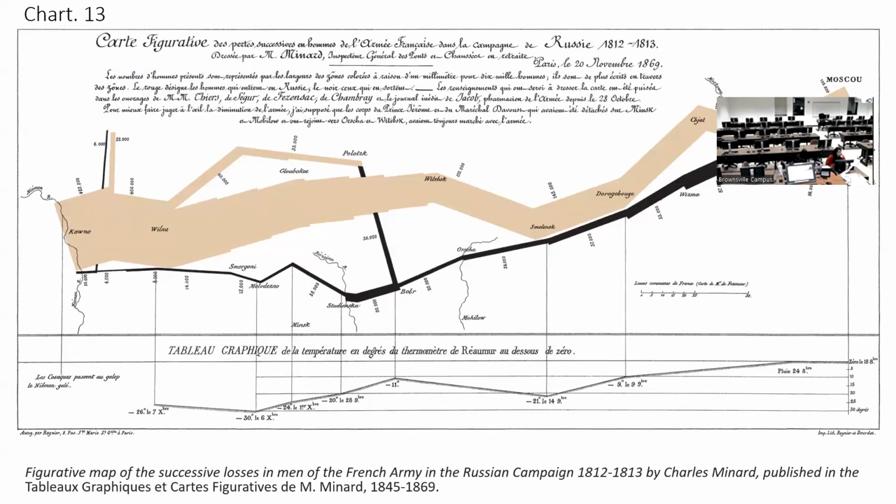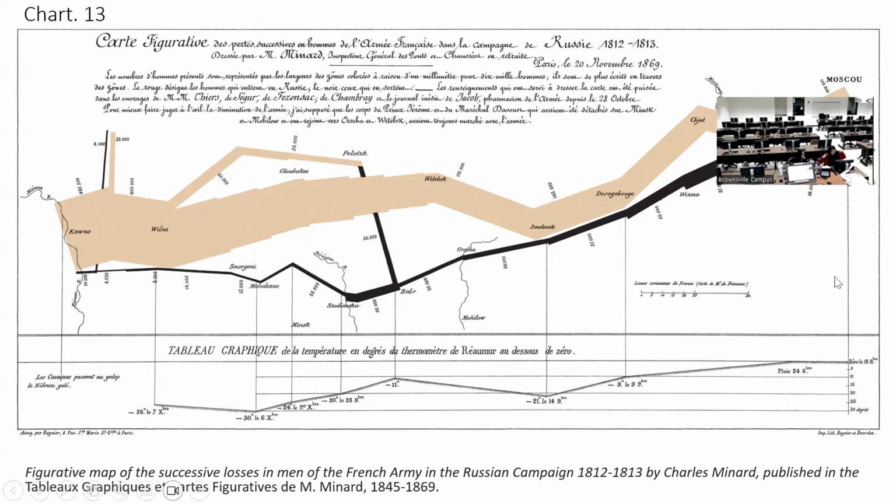So let me explain first what it is. Charles Minard showed in a statistical visualization how Napoleon campaigned to Russia, how it started, and how it ended. We can see it when we move the graph a little bit down.